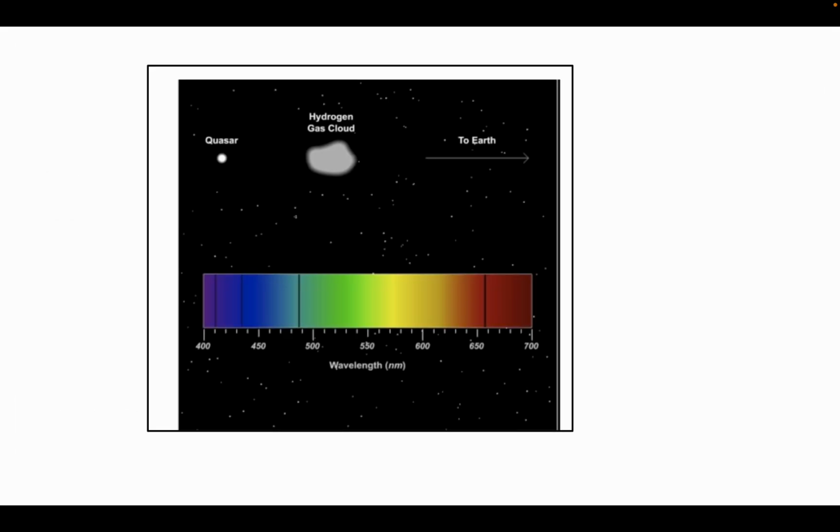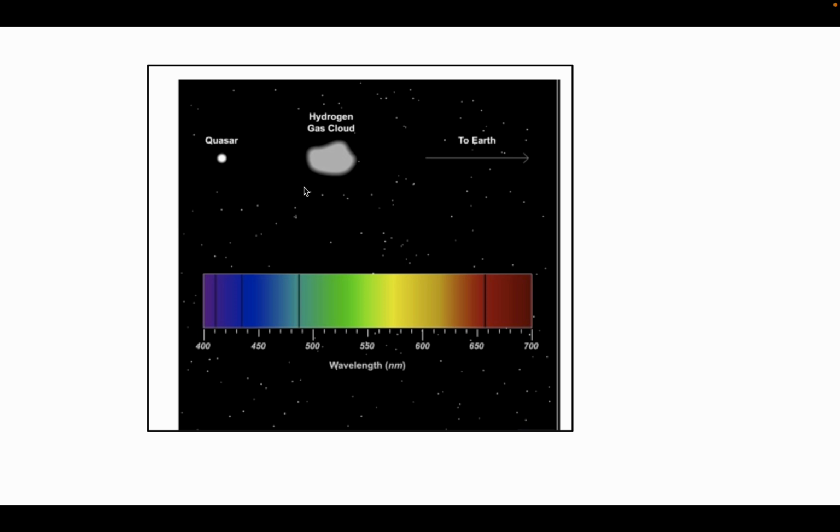Now suppose there is an object in the sky called a quasar, and there is a hydrogen gas cloud between you and the object, and you are seeing the spectrum of the source.